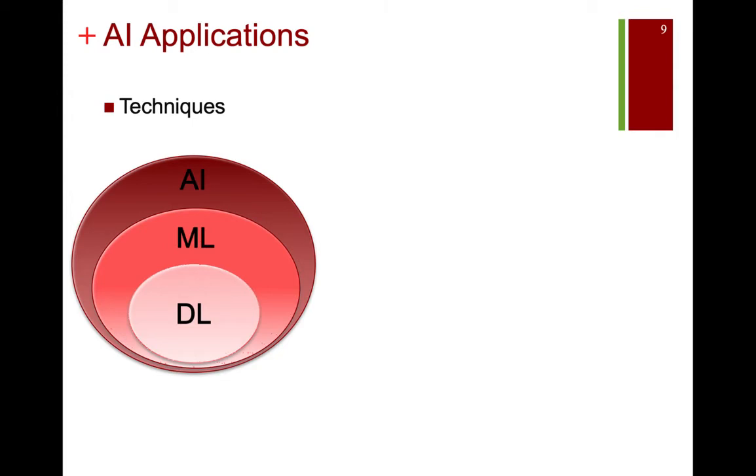Compared with machine learning, AI is, as I mentioned, a broader concept that includes many subfields such as expert systems, agent systems, and knowledge representation, and so on. And machine learning is actually one kind of methodology to achieve the different goals in AI.